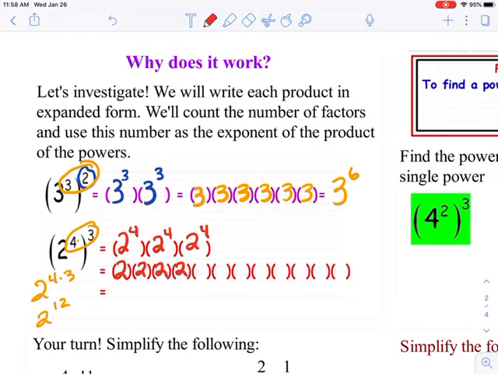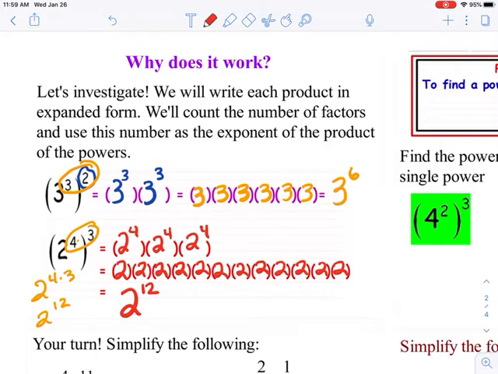I got another 2 to the 4th, so that's 4 more 2s. And a third 2 to the 4th, so that's 4 more 2s. If I count up all those 2s, it looks like I have 12. So that's 2 times itself 12 times, or 2 to the 12th. So that's why it works.